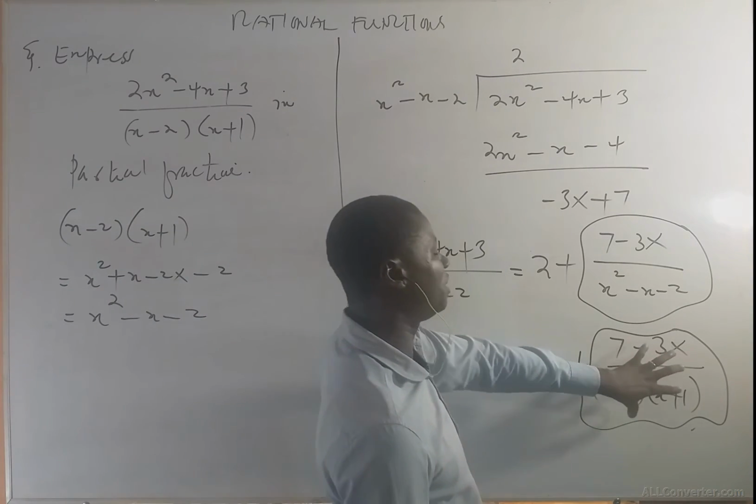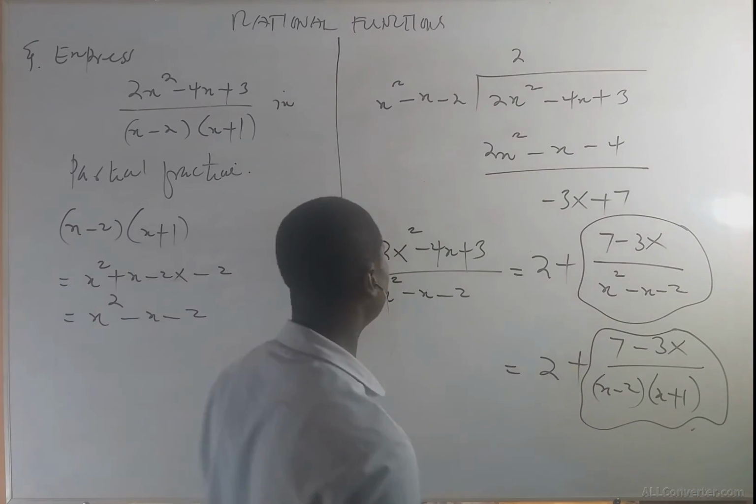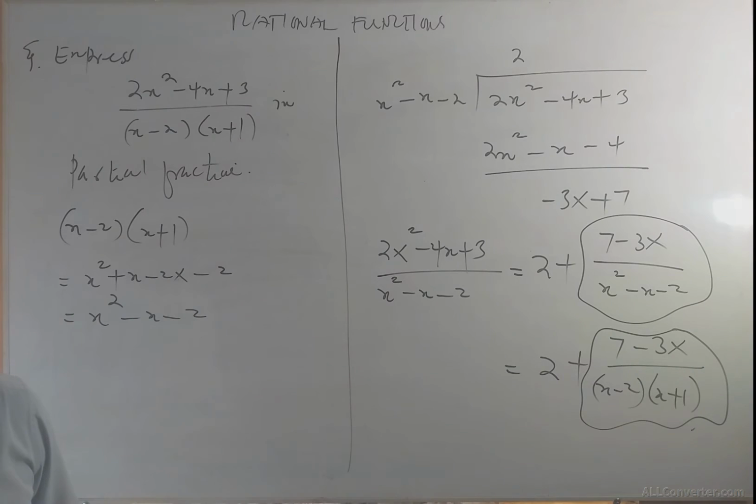So we now simplify this, and whatever we are getting, we add it to 2, and that will be the answer. And this is how we solve improper fraction problems. So you take note of that.